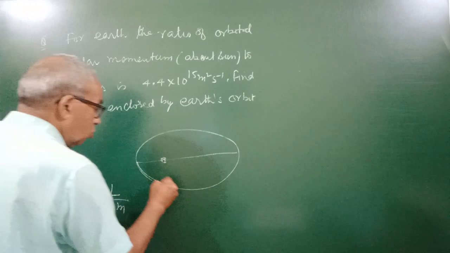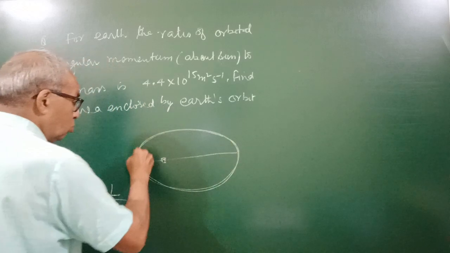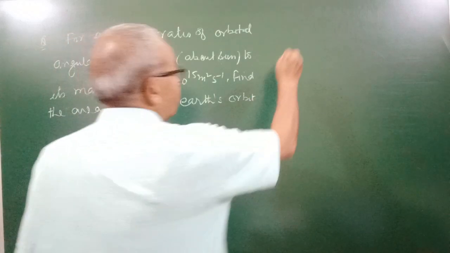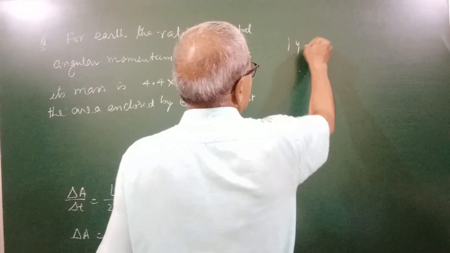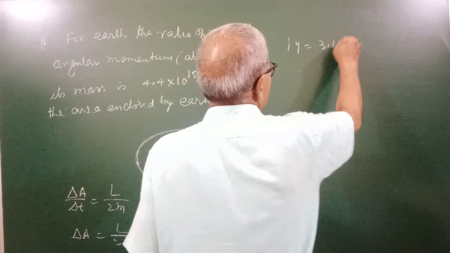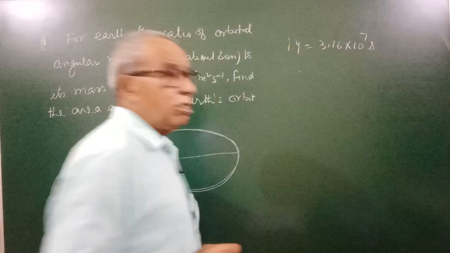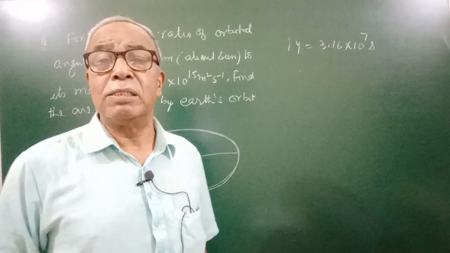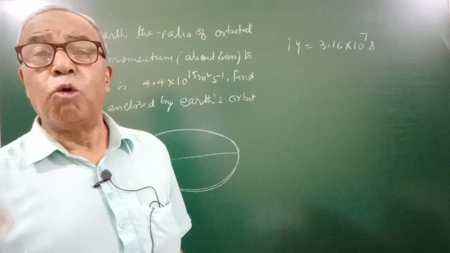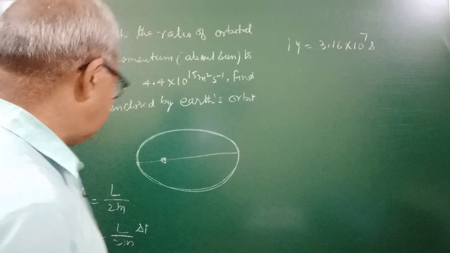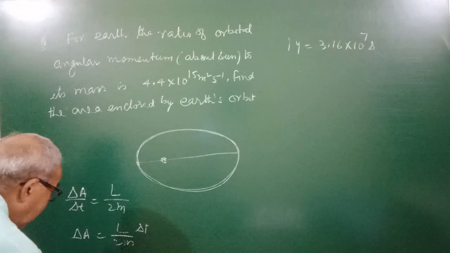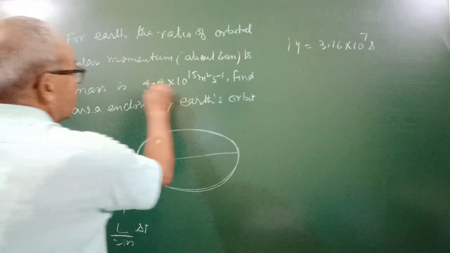Earth completes one revolution in 1 year around the Sun. And remember that 1 year is equal to 3.16 × 10⁷ seconds. Such things you have to keep in mind always, so that you can attempt more questions in a small time. So L by m is given.